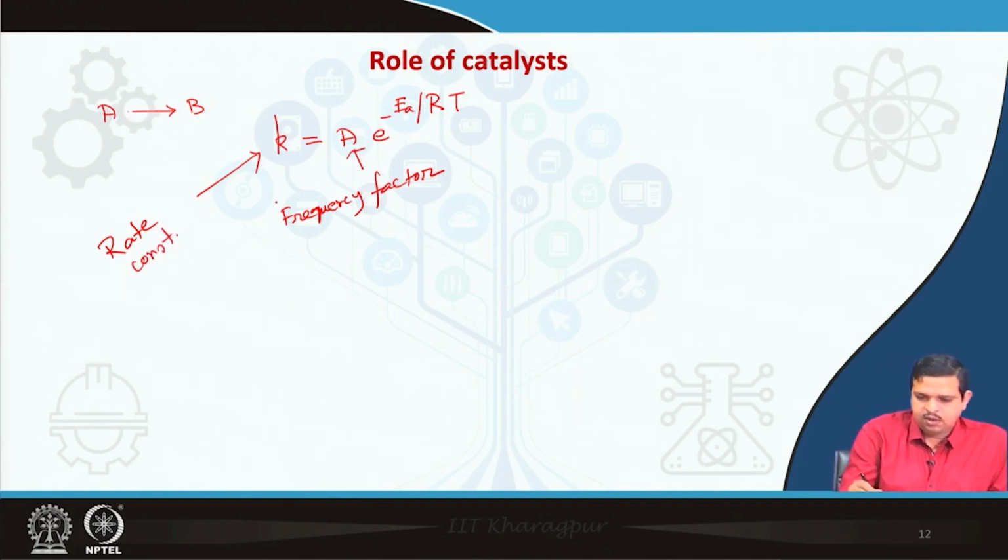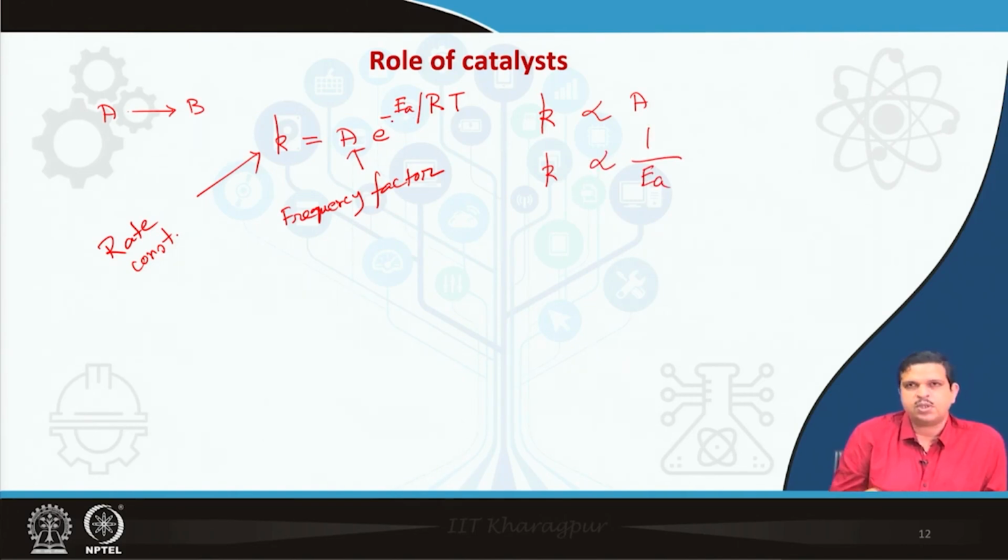And you see here the rate constant is proportional to the A, but the rate constant is inversely proportional to the activation energy, because you see it is a negative exponential. So, that means if the activation energy is high, the rate will be slow and vice versa.